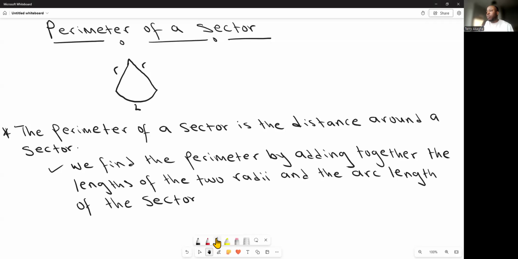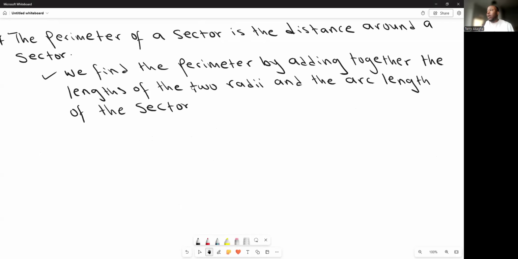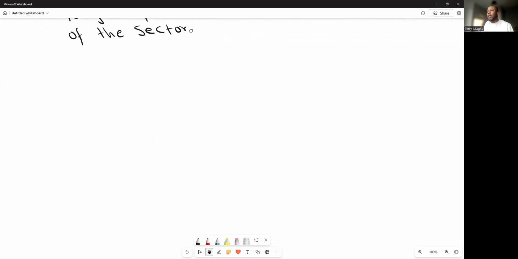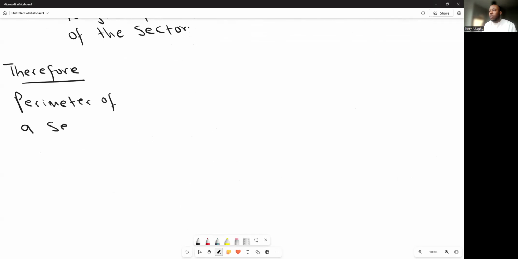All right, so let us put this into formulas now. We've already agreed that it is adding the arc length and the radii of the sector. So we can now say that the perimeter of a sector is equal to the what?